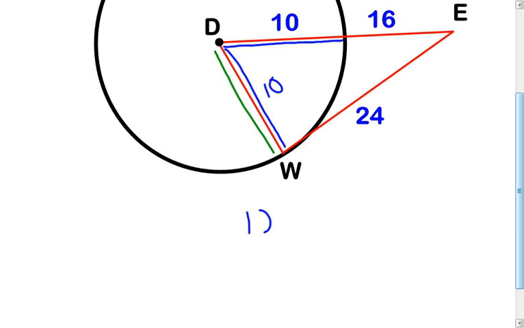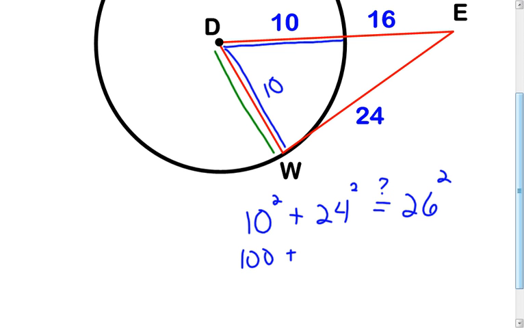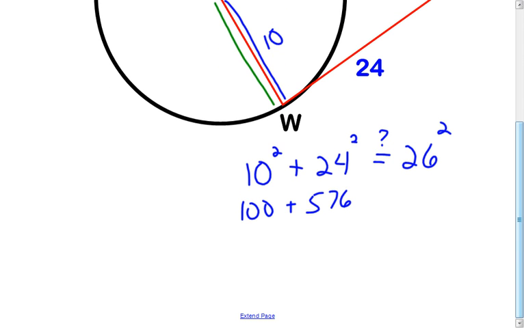So this time, I'm going to let 10 be my A, plus B is going to be 24. Are these things equal? Well, no, this is going to be 26 squared. So we have 100 plus 576. Add those two things together, and I end up with 676. If I square 26, that's 676.